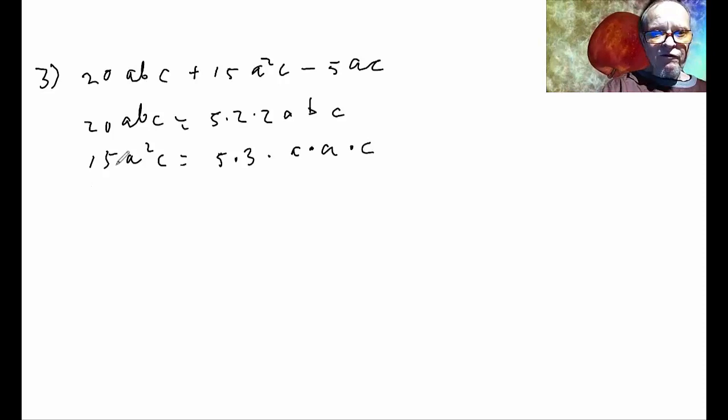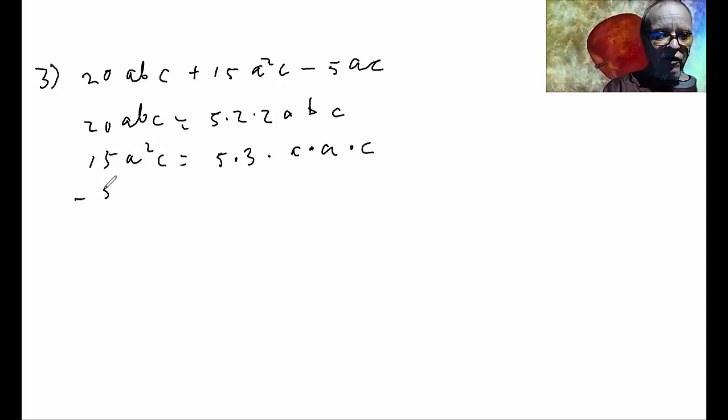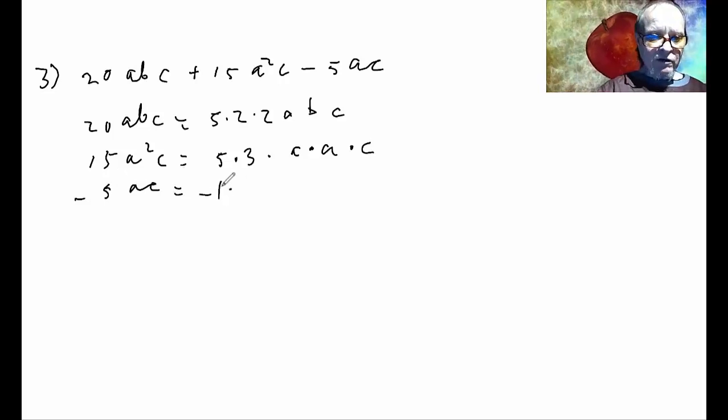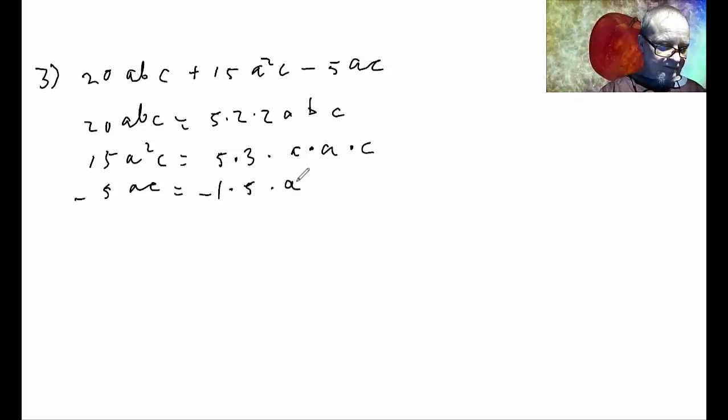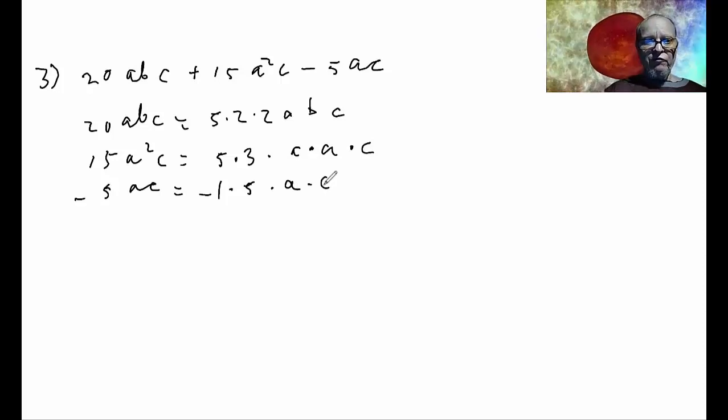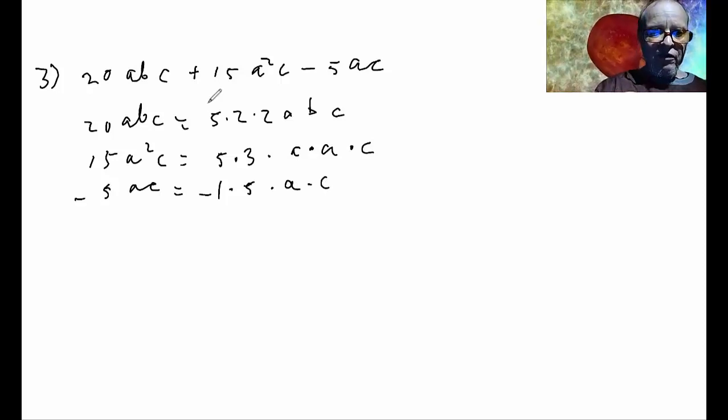And then finally, negative 5ac is equal to negative 1 times 5 times a times c. So now we look for what they all have in common.